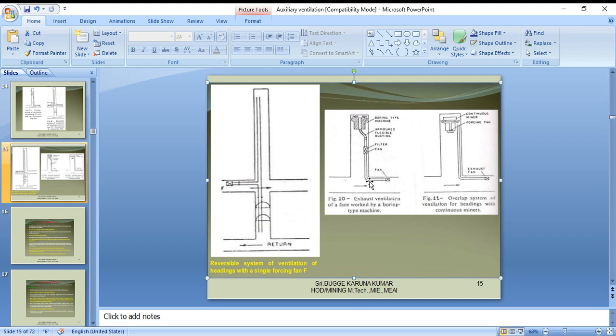Presently, most of the mines are in a mechanized system to speed up activity. On such occasions, you have to provide good environment conditions in the mine, for the operator as well as those who are working there.